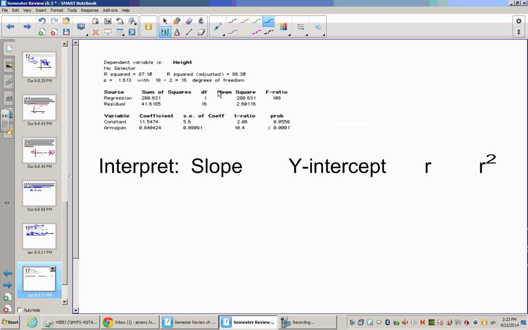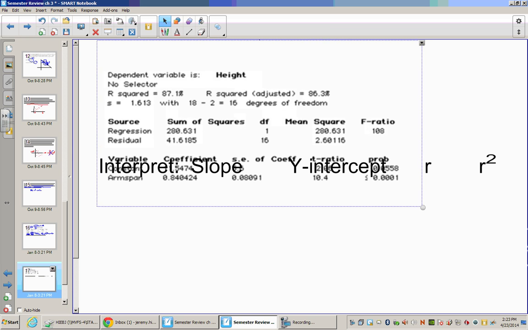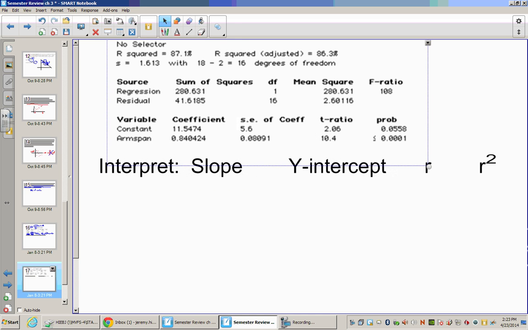Now, interpreting each of these things is pretty important. It's common for AP to say, interpret the slope.